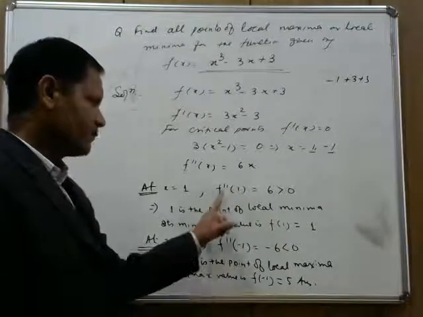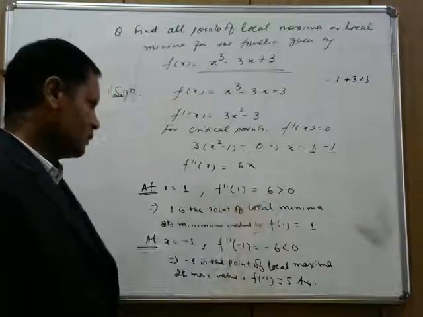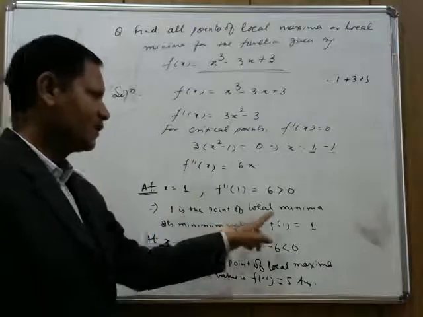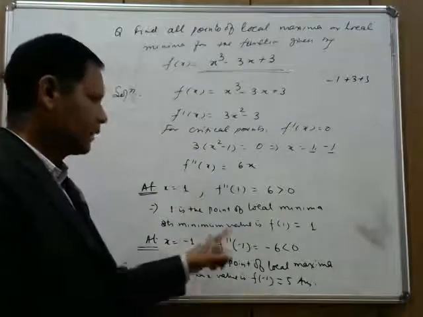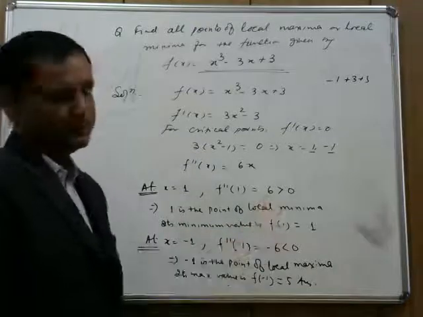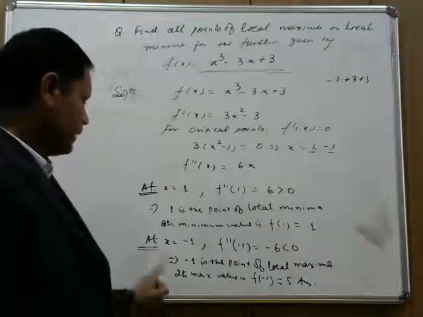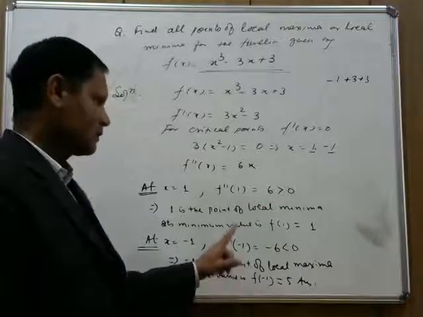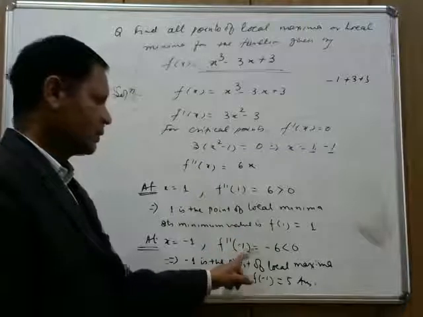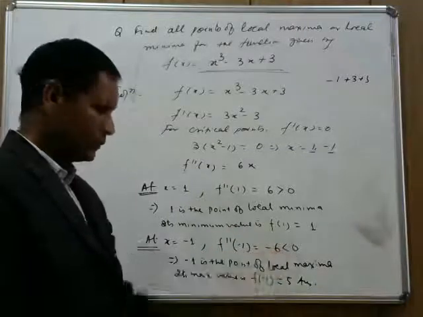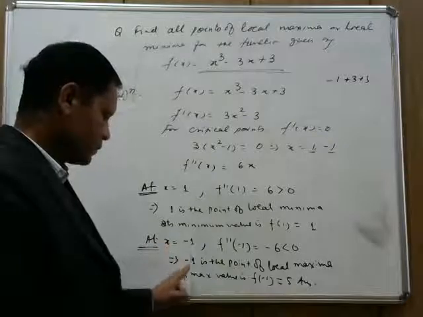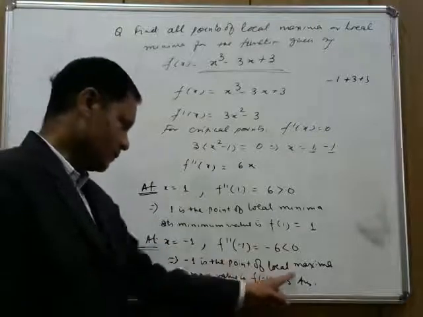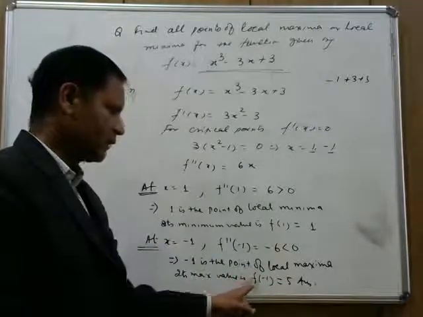If f double dash of C1 is greater than 0, it means C1 is the point of local minima and its minimum value is f of C1. Second, at x is equal to C2, f double dash of C2 is negative, which is less than 0, and therefore C2 is the point of local maxima and its maximum value is f of C2, and that is 5.